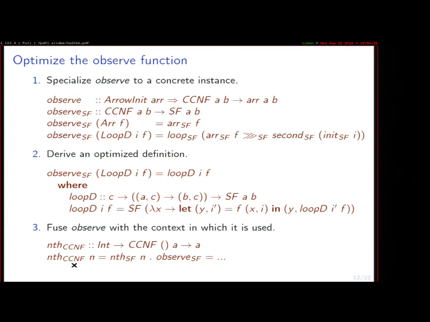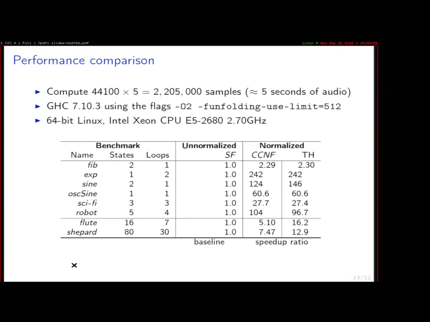Steps 2 and 3 have to be done by hand. So we have to hand optimize these definitions to give you the final optimized versions. And then we can run our program with a compiler and get the desirable speedup.